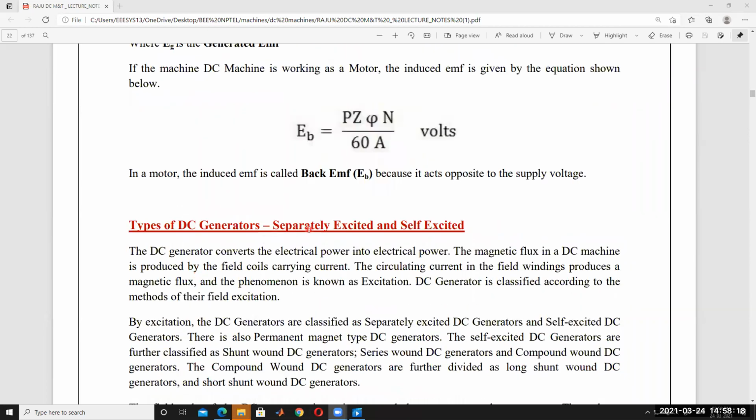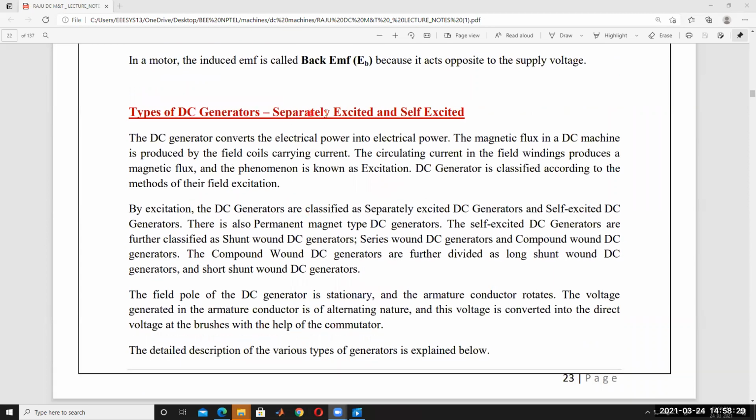Types of DC generators. There are different types of generators: separately excited generators and self-excited generators. I have already explained this using animation. These generators are classified as separately excited DC generators and self-excited DC generators. There are also permanent magnet DC generators.